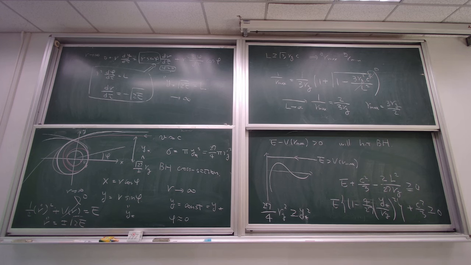Okay, so this is the cross section of the black hole. Any questions at this moment? Those are just extracting some physics out of the Schwarzschild geometry.